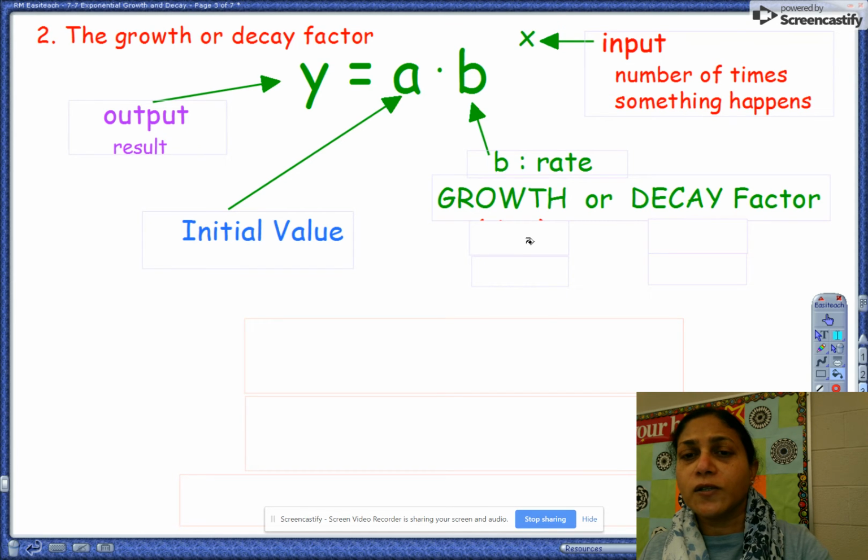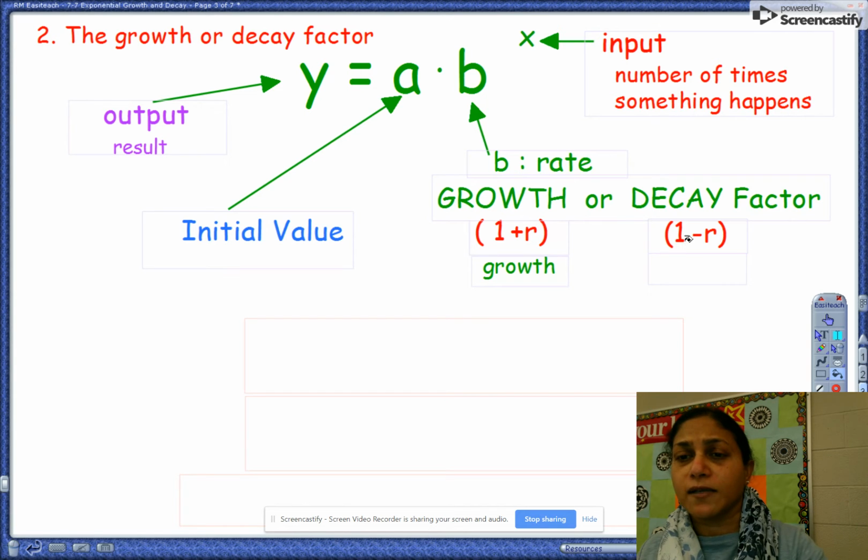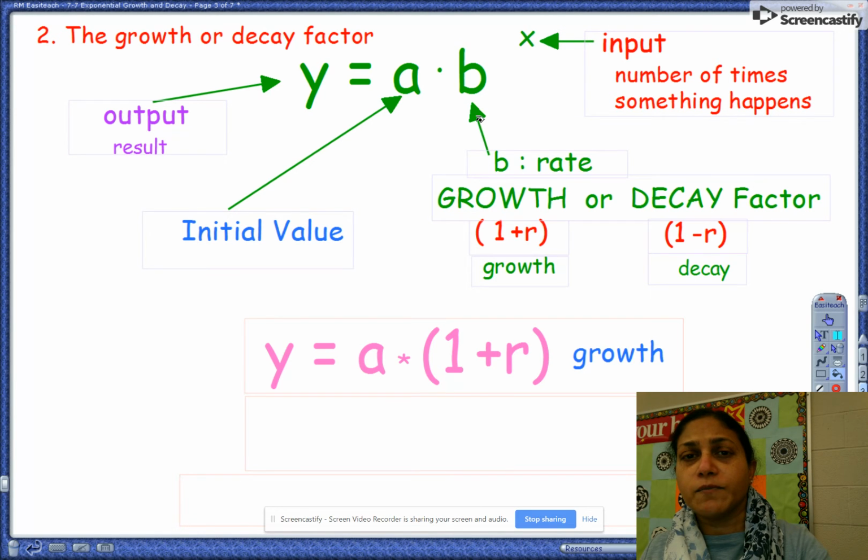So once we know the rate, we do 1 plus r, and then it becomes growth. Or once we know the rate, if it's going down, then we do 1 minus r, and that becomes the decay. So in other words, you could think of it as b being replaced by 1 plus r if it's growth.